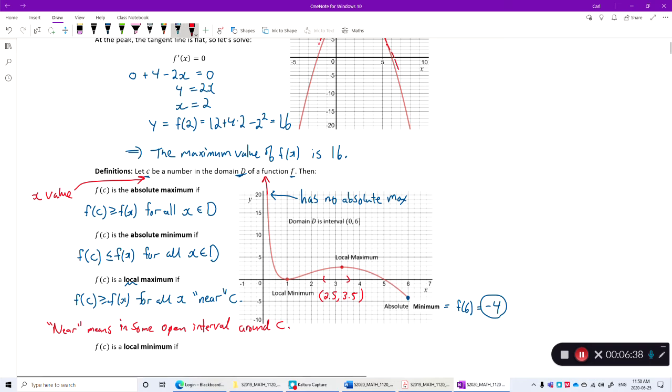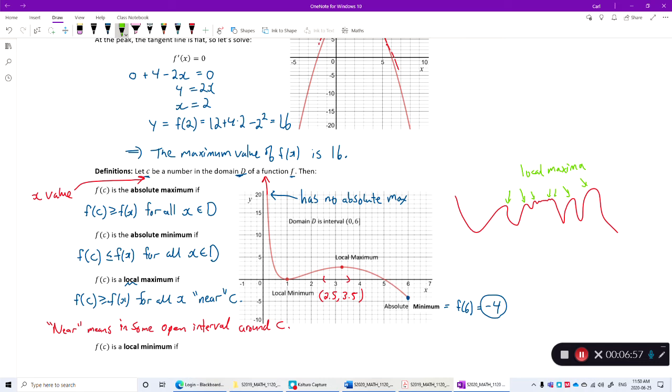So for example, what if I had a graph that looks like this, right? Then all of these are local max. All of these little tiny bumps, these are all local maxima, we call them, because they're the highest point in some interval, even though they're not the highest overall.